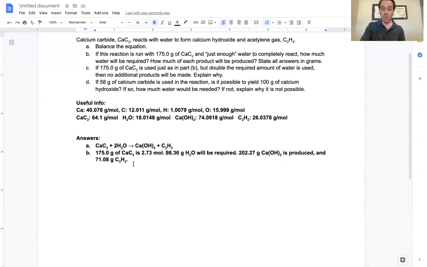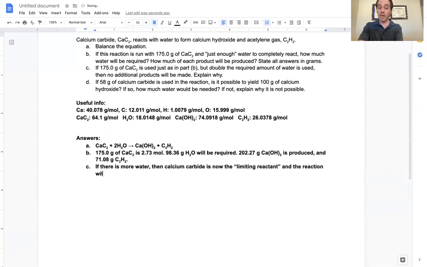So the answer to this one is going to be that if there is more water, then calcium carbide is, well, not still, but is now the limiting reactant. The reaction will only proceed as far as it allows. When calcium carbide runs out, it doesn't matter if there is more water left over.